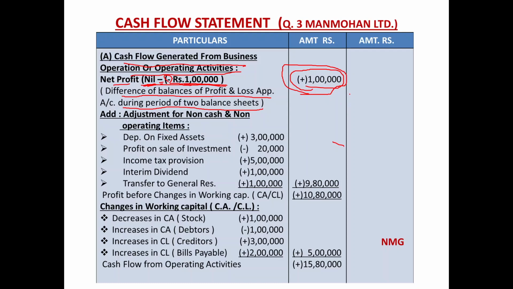So it is a good point of this question. It was the debit balance given in the balance sheet, and then we verified how the profit of the year is rupees 1 lakh in the balance sheet verification, as well as over here by comparing the two balances of profit and loss appropriation account given in the balance sheet: nil minus minus balance of last year loss 1 lakh, minus minus becomes plus, nil plus 1 lakh, so profit of the year rupees 1 lakh.